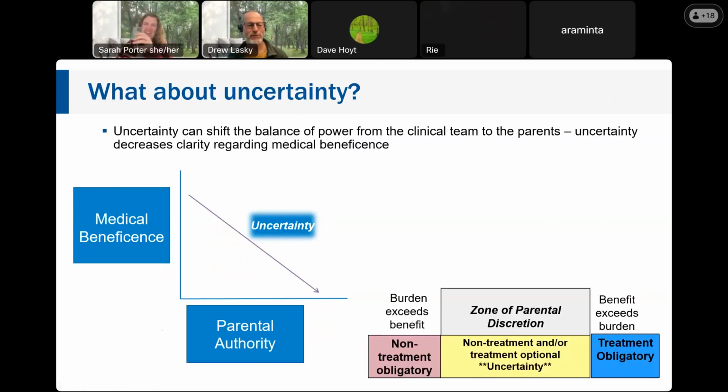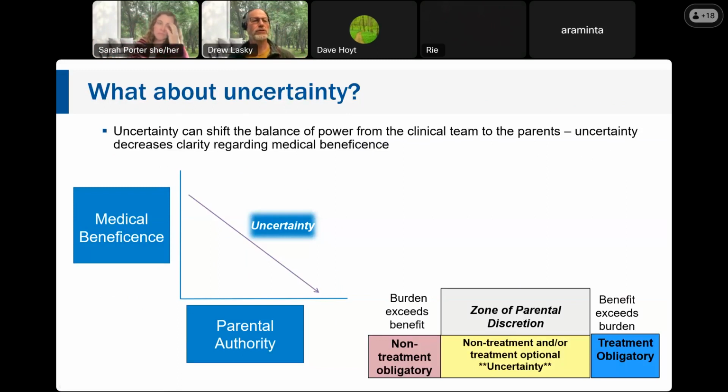Well, as we were just talking about, as you take a look at the y-axis, the medical beneficence, and the x-axis, parental authority, we were just talking about the idea of certainty.